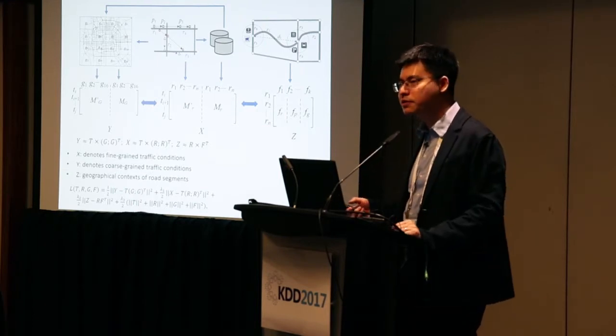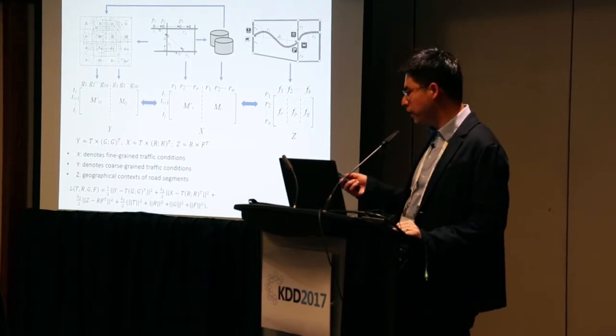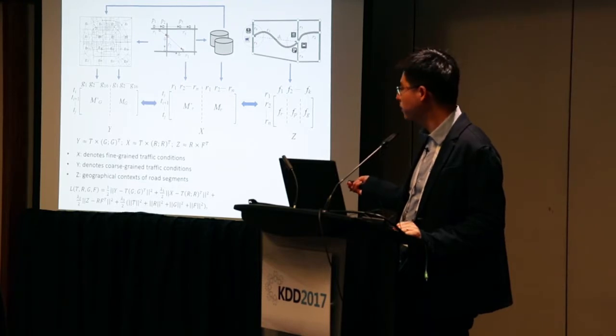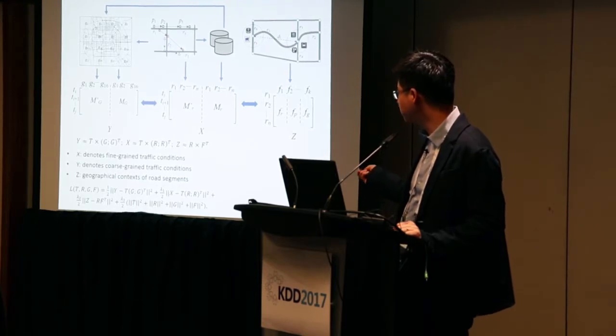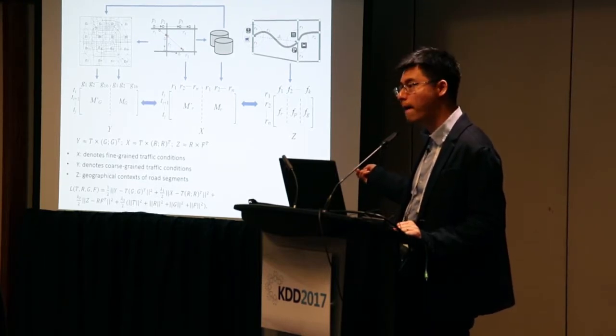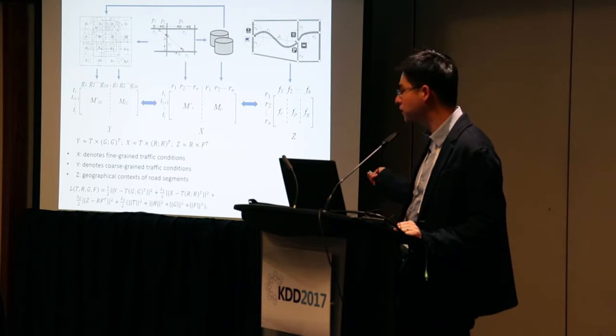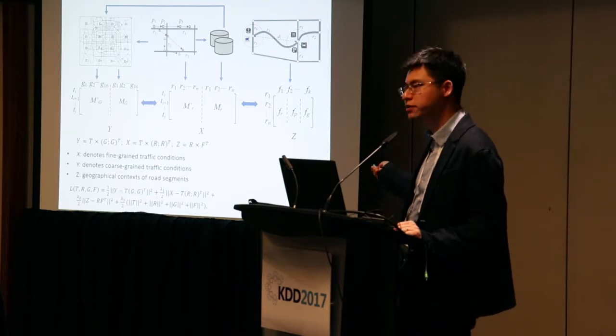But from the algorithm level, we can see the three matrices share some dimensions. For example, there's the T dimension, there's R. These two matrices can be built with a dense representation based on other data sources. So this is a very dense matrix.